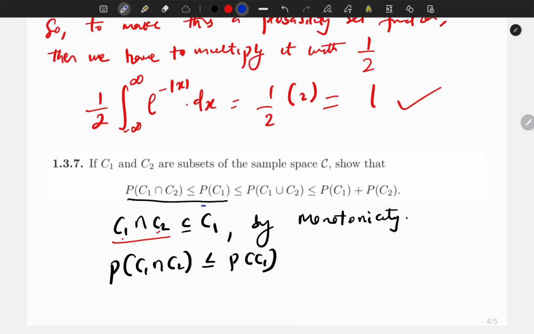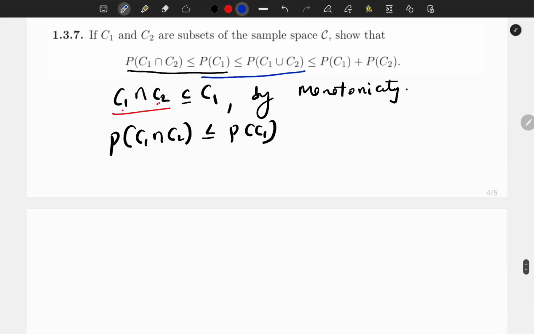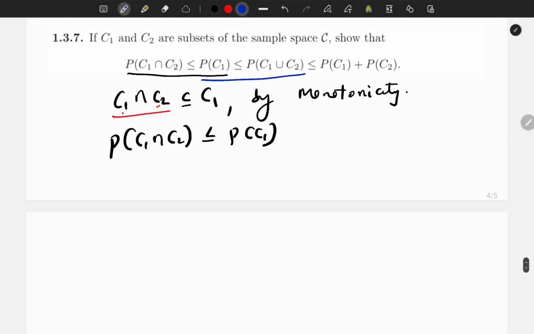For the next inequality, we also have that C1 is a subset of C1 union C2. The union will contain some elements in C2 that may not necessarily be in C1, but every set in C1 union C2 must also contain all the elements in C1.